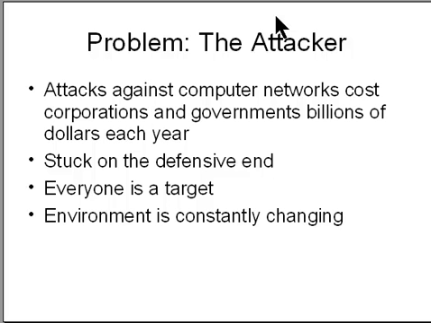And the problem is that everyone is a target, because even the grandmas and grandpas that don't have any useful information on their computers can be used as a zombie, and an intruder can download a worm or a Trojan horse onto their system in order to implement a denial of service attack. So it's not just the banks and the governments that are targets, everybody's a target.